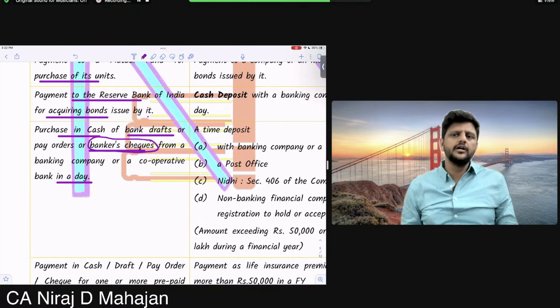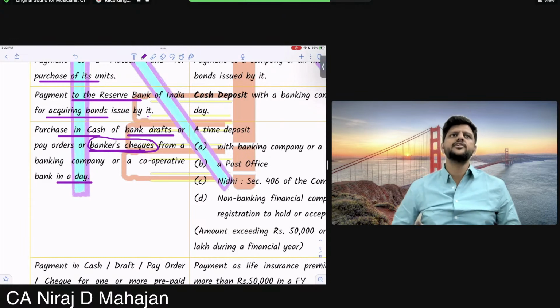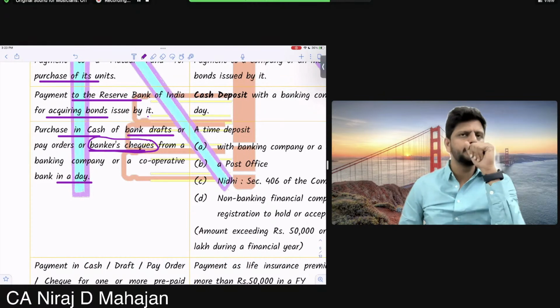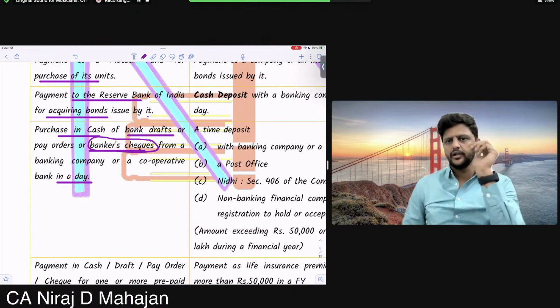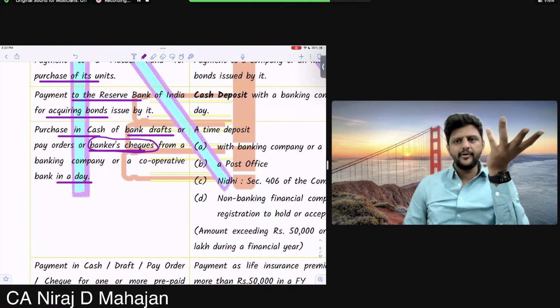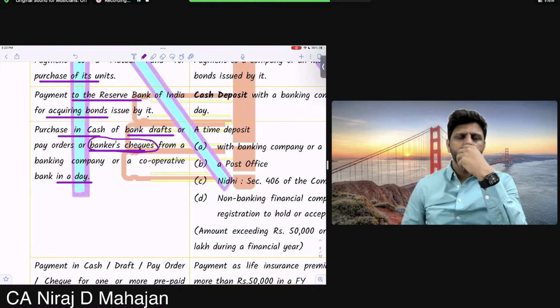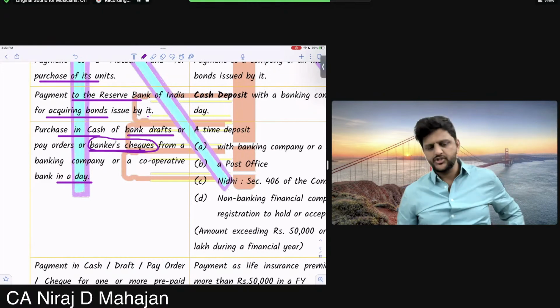So we had to fill the admission form to ICAI, I think even the exam form. Cash was not allowed. That time debit card, credit card, or online also was no option available. So it was a check.